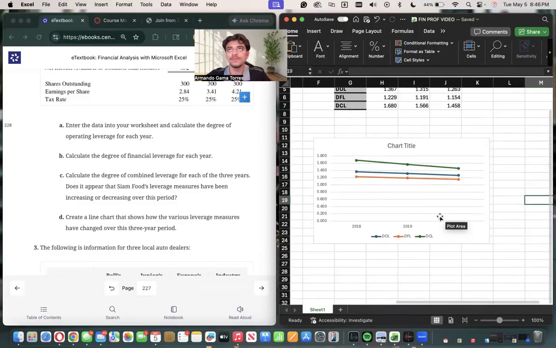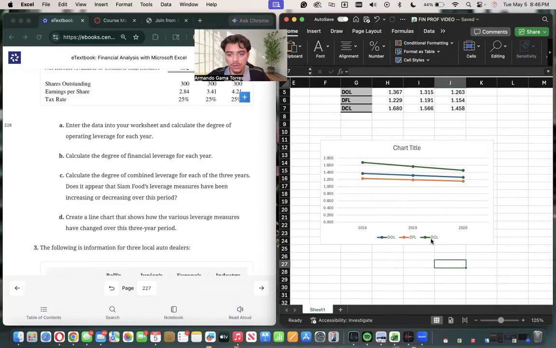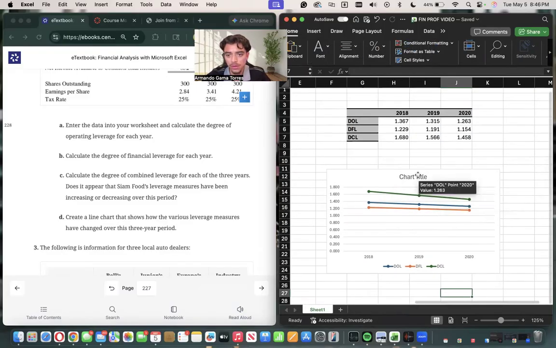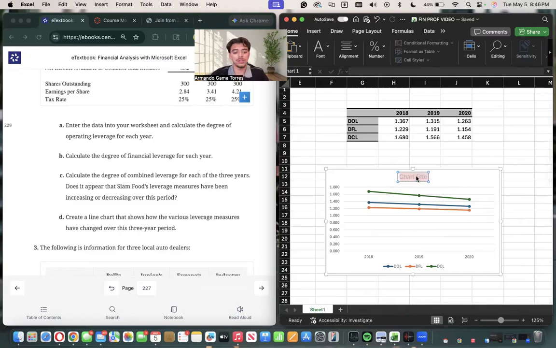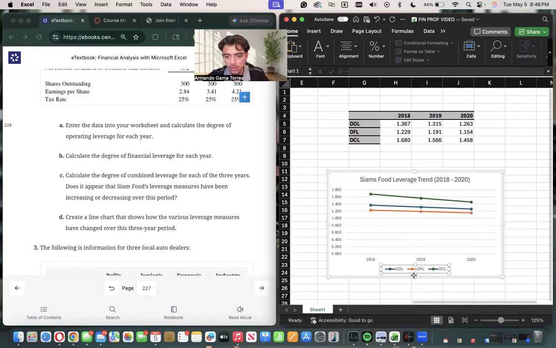Let's change the title to CM Foods. We can do 2018 to 2020 just so we can get a good title in there. I love how it's already color coded.